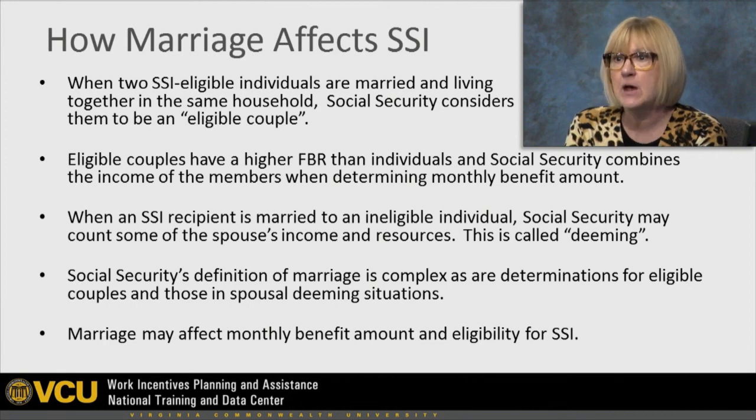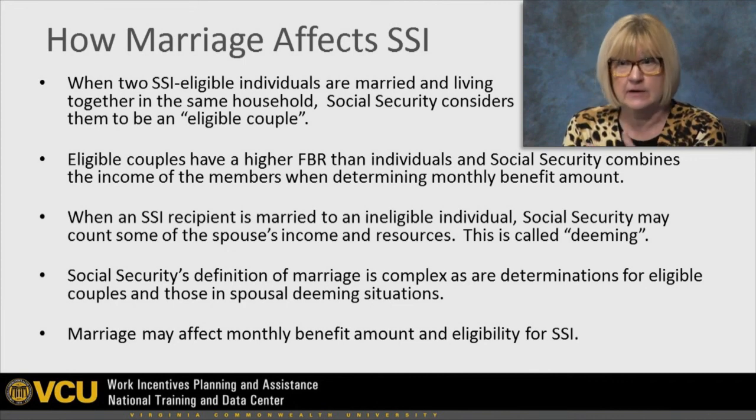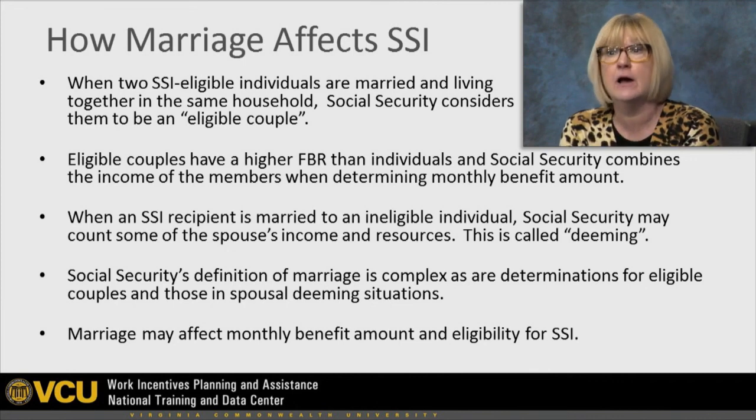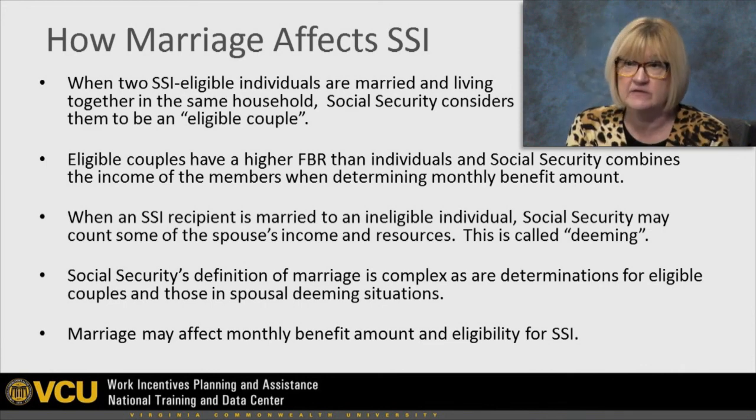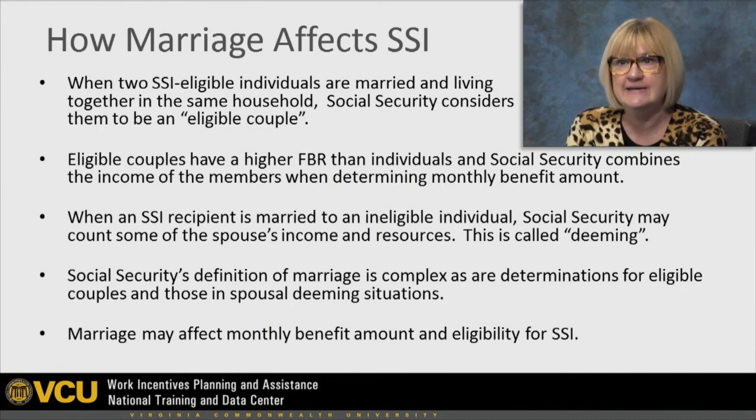When an SSI recipient is married to an ineligible person, someone who doesn't get SSI, Social Security will examine that person's earned income, unearned income, and their resources, and will apply some of those resources and income to the SSI recipient through a very complex process known as deeming.